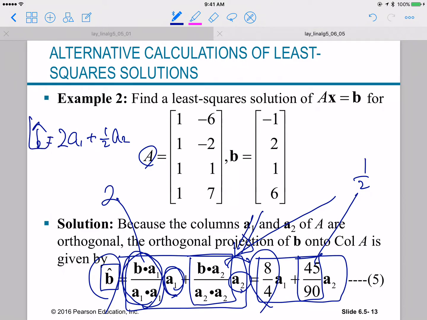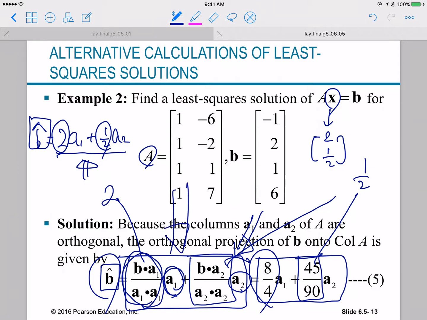And that best approximation is represented as a linear combination of the columns of A, right? So the solution x will be just 2 and 1 over 2, because we already obtained these linear combination coefficients from this orthogonal projection formula.